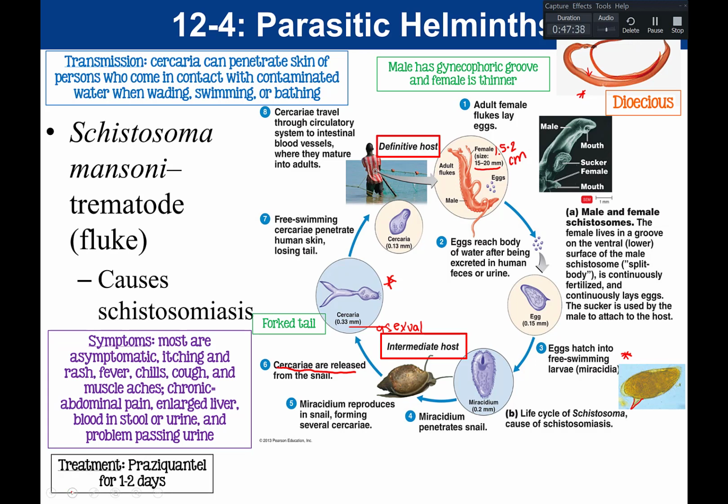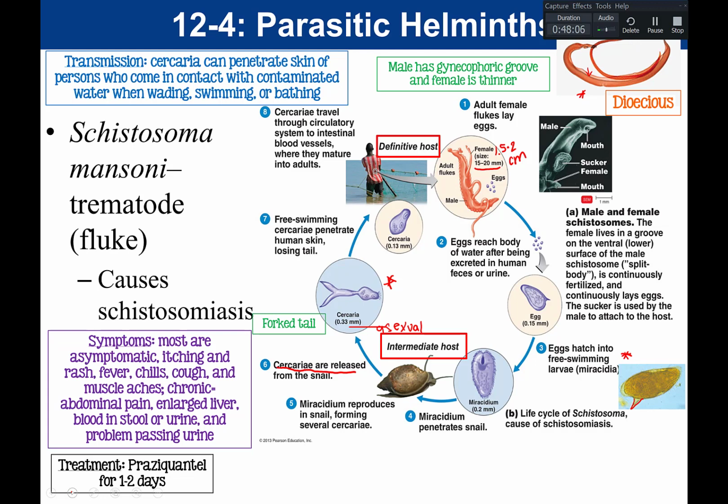In terms of the symptoms, most people have no symptoms when they're first infected. They are asymptomatic. However, within days after becoming infected, they may develop a rash or itchy skin. Within 1 to 2 months of infection, the symptoms may develop into what looks like a flu.